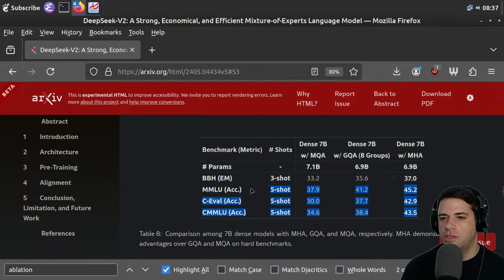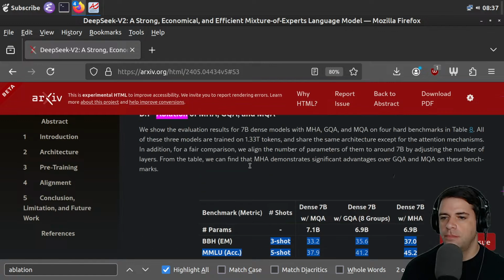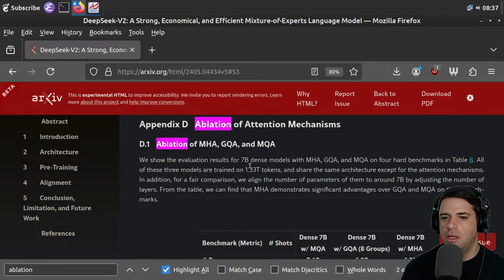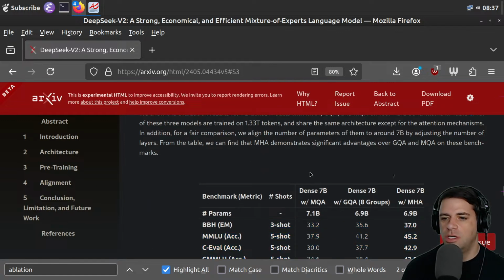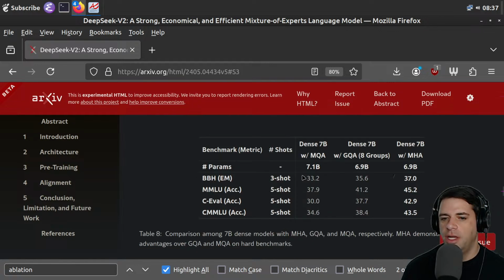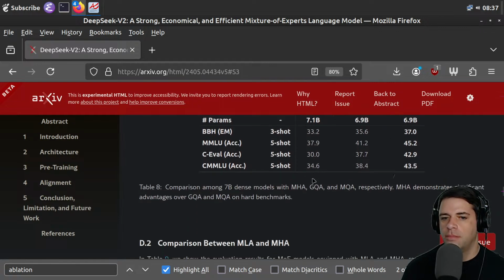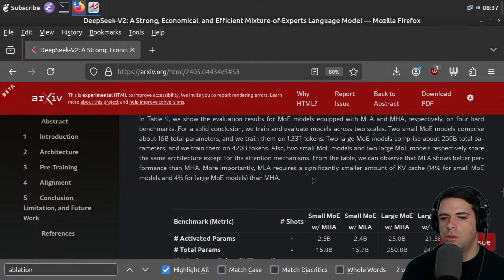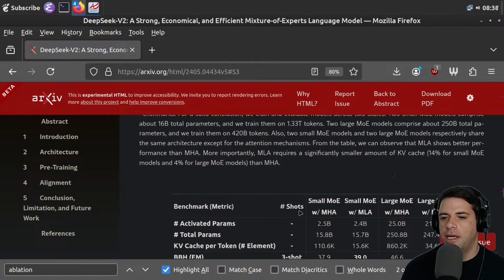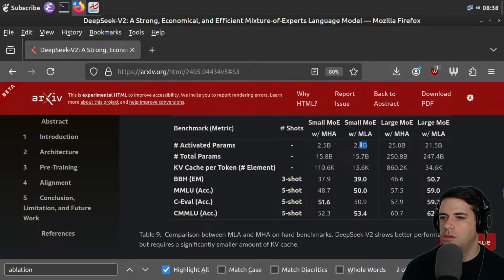These are different benchmarks. And I think these are maybe ablations against MLA. Or no. Here's MLA versus, I guess, MHA. And I guess these are just scores on the benchmarks.